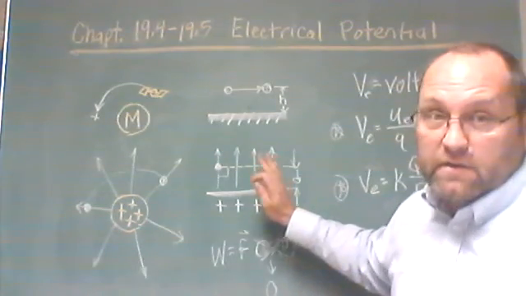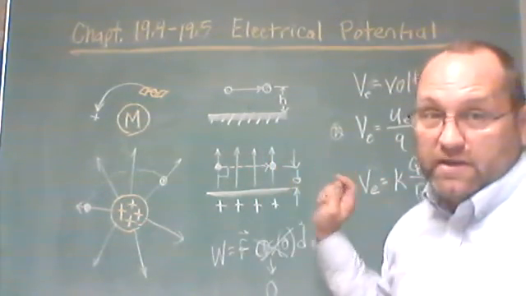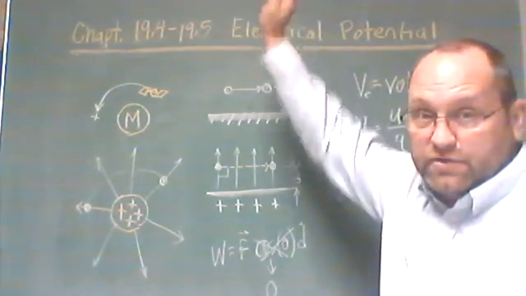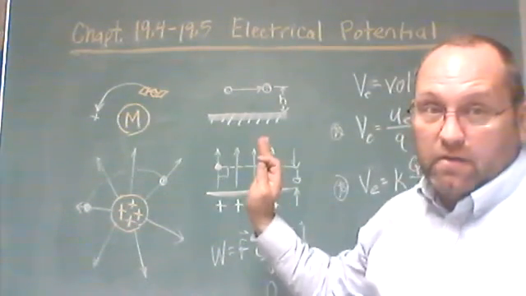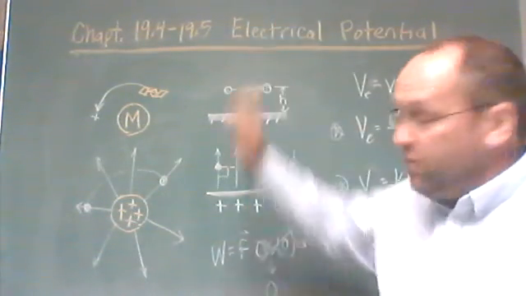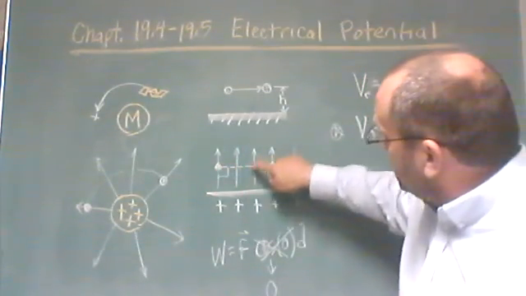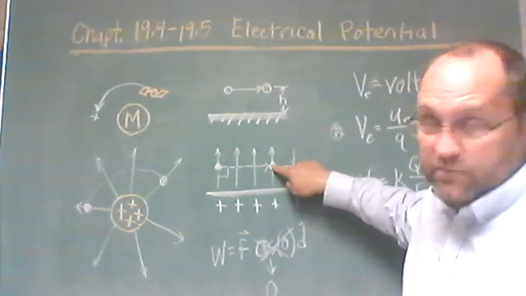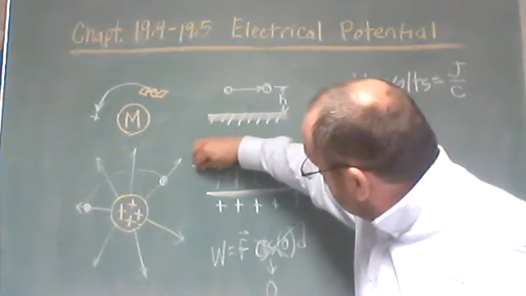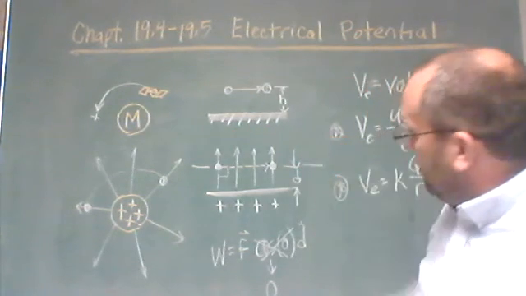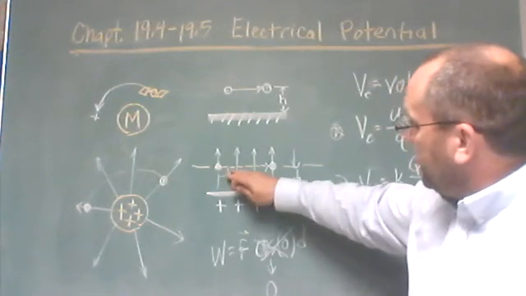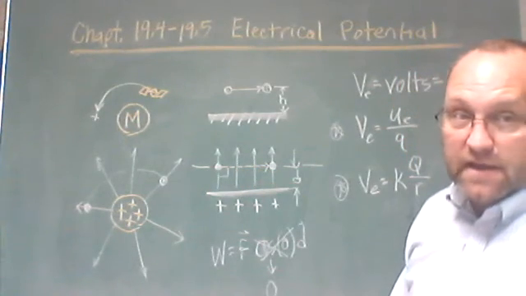What is it wanting to do if we let it go? It's wanting to push that positive test charge away, because like charges repel. It's wanting to push it away the same amount here, as here, as here, and as here. And as we notice, that line of equal potential is perpendicular to the field lines at all points.